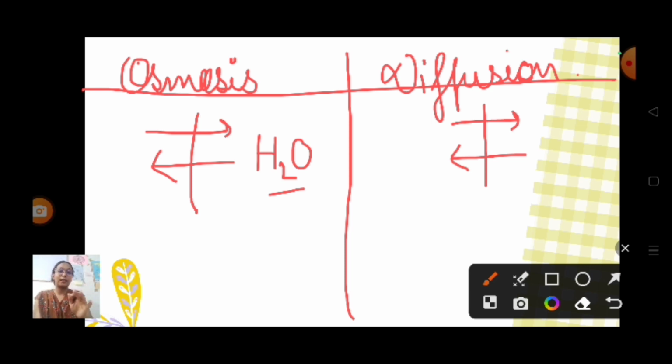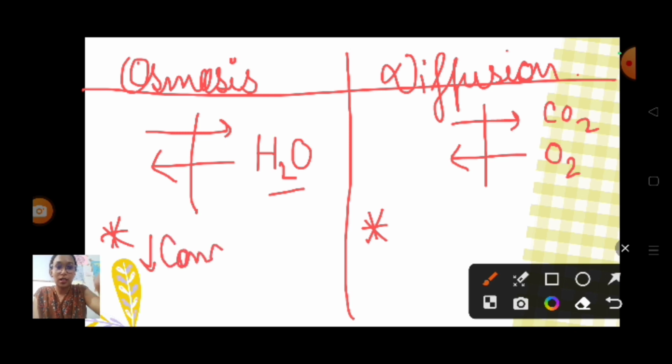But from this chapter's perspective, we have to know that gaseous molecules like carbon dioxide and oxygen, there is an exchange of these two gases. The next point: for osmosis, the water will move from lower solute concentration to higher solute concentration.